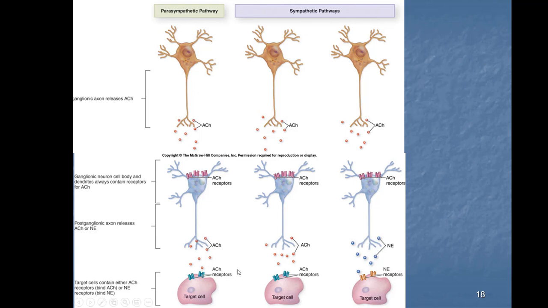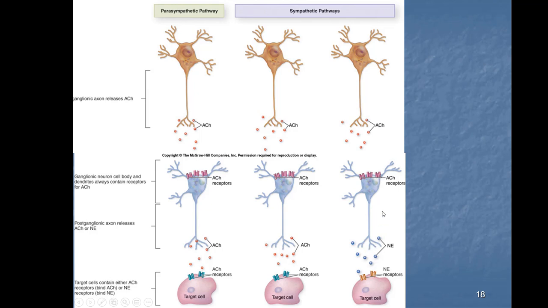With the postganglionic neurons, it really depends on if you're in the parasympathetic or sympathetic. Postganglionic parasympathetic neurons still release acetylcholine. Most sympathetic postganglionic neurons release norepinephrine. I say most because there is an exception.